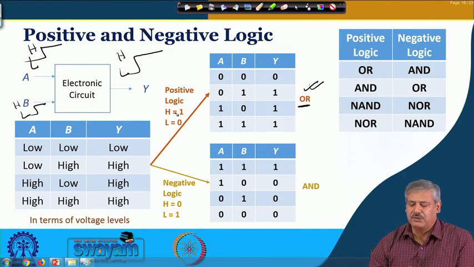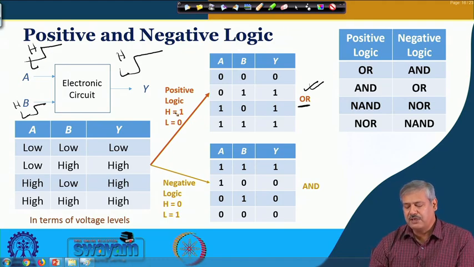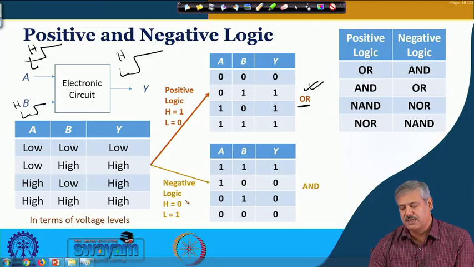But we need to take note of negative logic, and we may use it if such occasion arises. Okay. So, in negative logic what happens? It is just the opposite of it. So, a high voltage is treated as binary value 0 or logic false, and a low voltage is treated as binary value 1 or true.